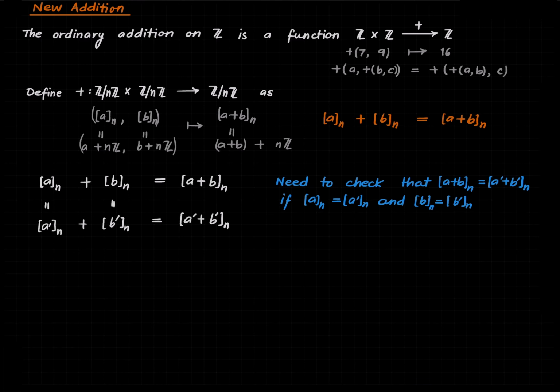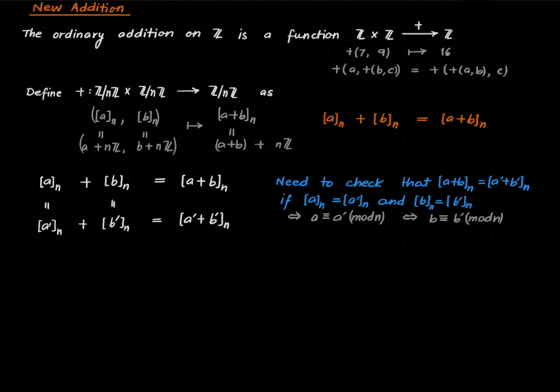From the first condition, meaning from this equation or rewriting this equation, we can say A is congruent to A prime mod n. That's exactly what that equation is if you followed the previous slide. And the second one exactly says that B is congruent to B prime modulo n.